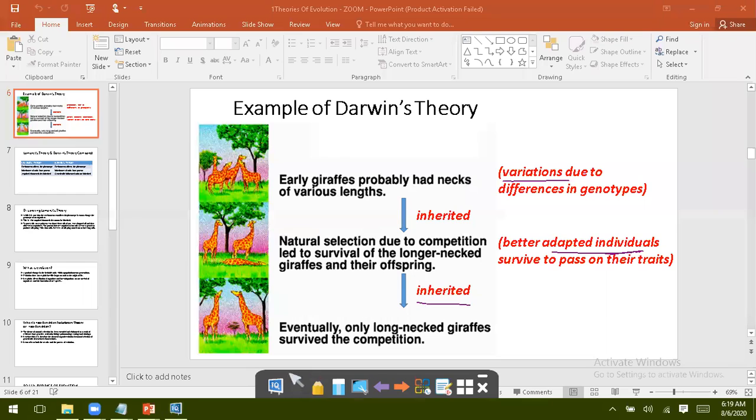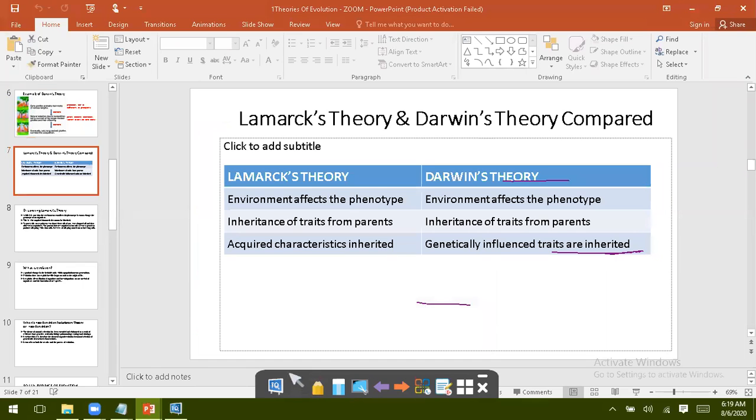All right, so one thing that you will find in examination and that may be asked is comparing Lamarck's theory to Darwin's theory. So we see here that Lamarck had the same ideas as Darwin except for one. His idea of environment having an effect on the phenotype is the same as that of Darwin.